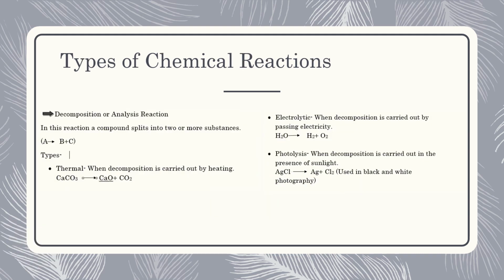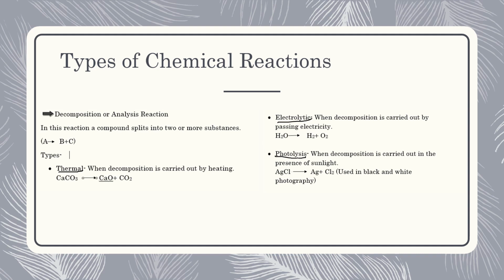The next, let's go to the decomposition or analysis reaction. In this decomposition or analysis reaction, we have three main types, which is thermal, which is carried out by heating, then electrolytic, and photolysis. Electrolytic decomposition is carried out generally by passing electricity.